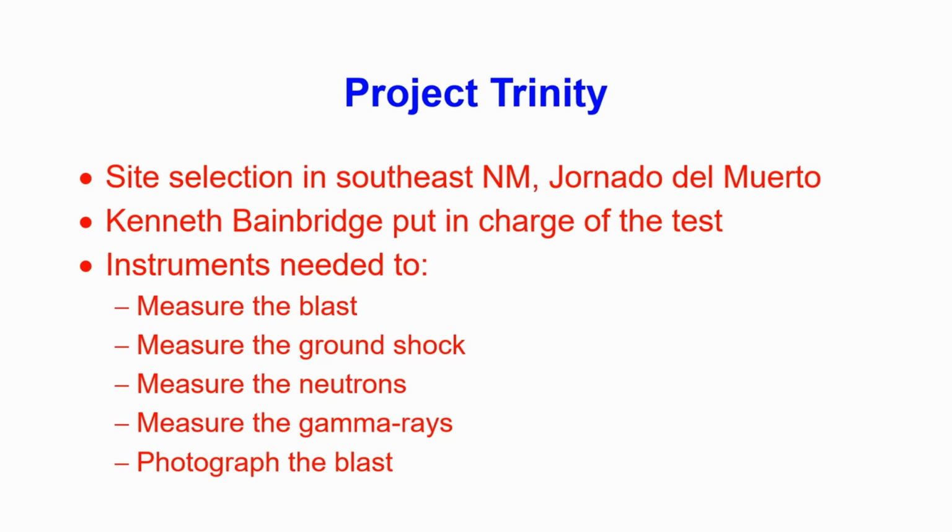Kenneth Bainbridge was put in charge of the test, and so they had to decide on how they were going to measure the blast, measure the ground shock, measure the number of neutrons given off, measure the gamma rays, photograph this test. And so there was quite a bit of, first of all, a selection of the area.